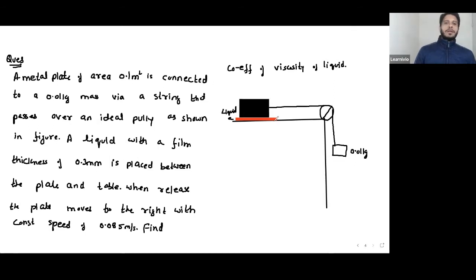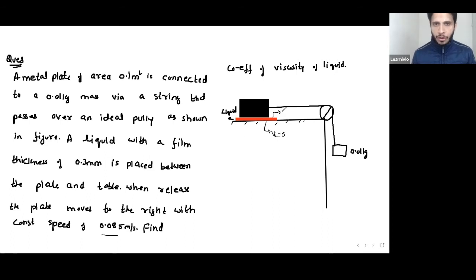Now see, the lower portion of the liquid film is in contact with the table. The table is at rest, so the molecules of the liquid film which are in contact with the table are at rest. So the velocity of this lowermost portion is zero. But if I consider the upper portion, it is in contact with the plate, and the plate is moving with a velocity of 0.085 meter per second.